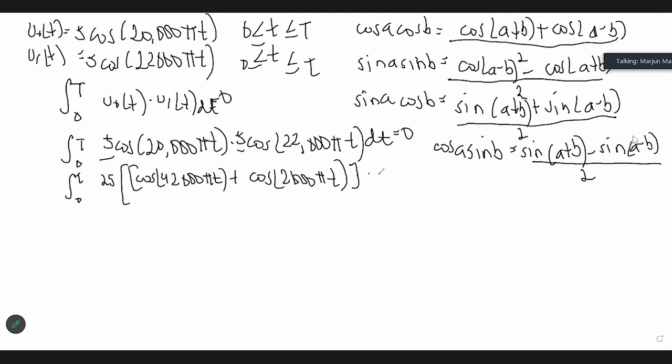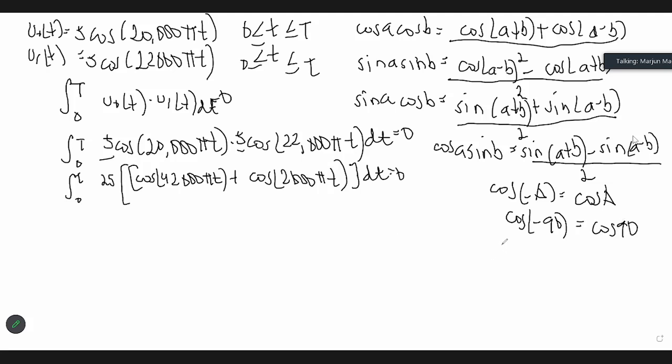Akala ko ba negative? So we have again a trigonometric identity that cosine of negative a is just equal to cosine a. So kung pipindutin nyo po sa calcu, cosine negative 90 is just equal to cosine 90. Okay?